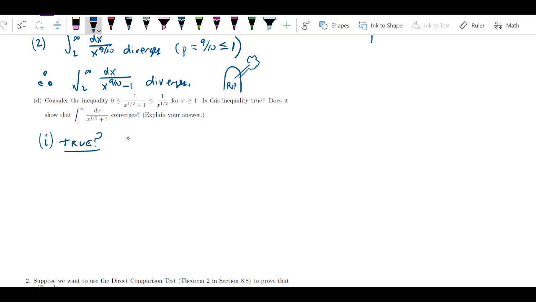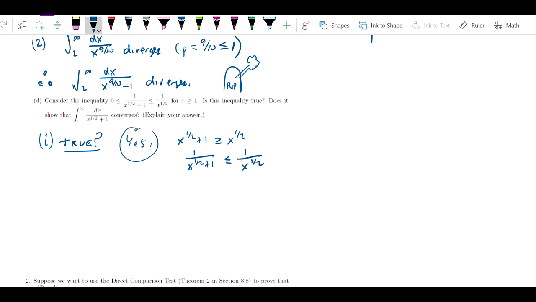And the answer is yes. It's certainly true that x to the 1/2 plus 1 is greater than or equal to x to the 1/2, and therefore 1 over x to the 1/2 plus 1 is less than or equal to 1 over x to the 1/2. So we've certainly shown that yes, it's true.